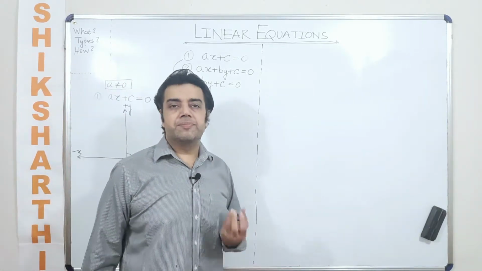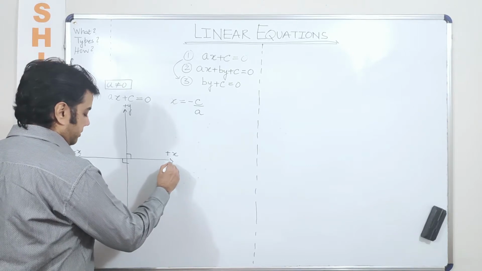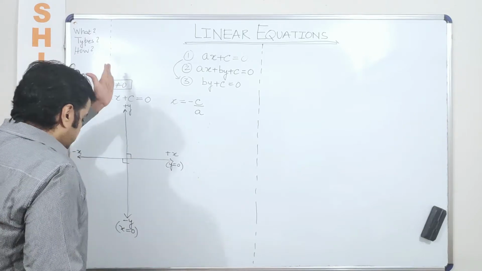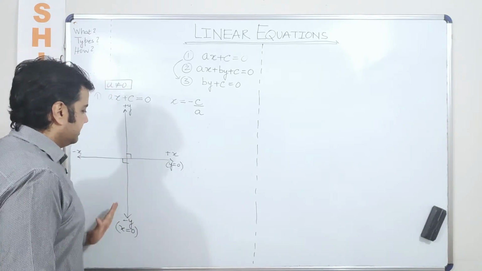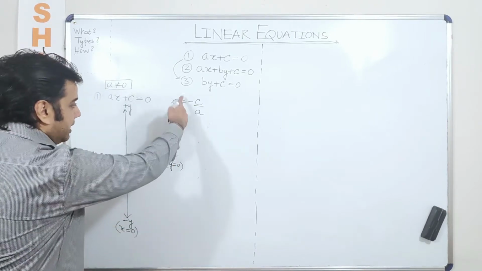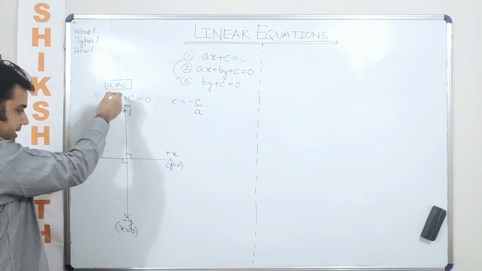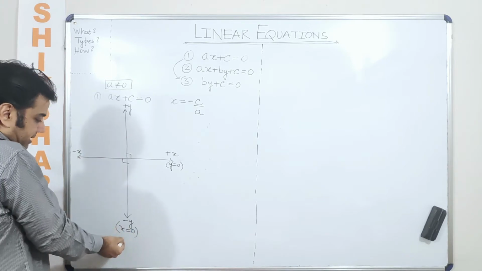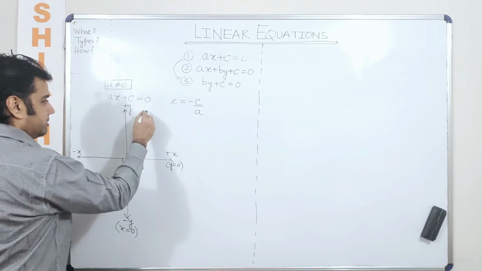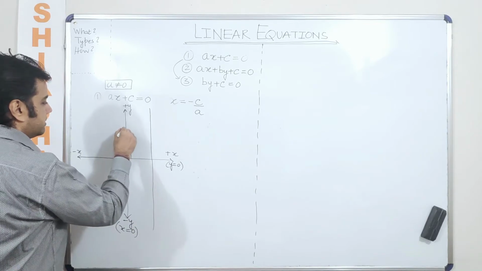Similarly, there is no scope for y on the x-axis. So here we are referring to something which is x is equal to something, and you know that the entire y-axis is termed as x is equal to 0, as we discussed a few seconds back. So this will be a line which will be parallel to your y-axis.